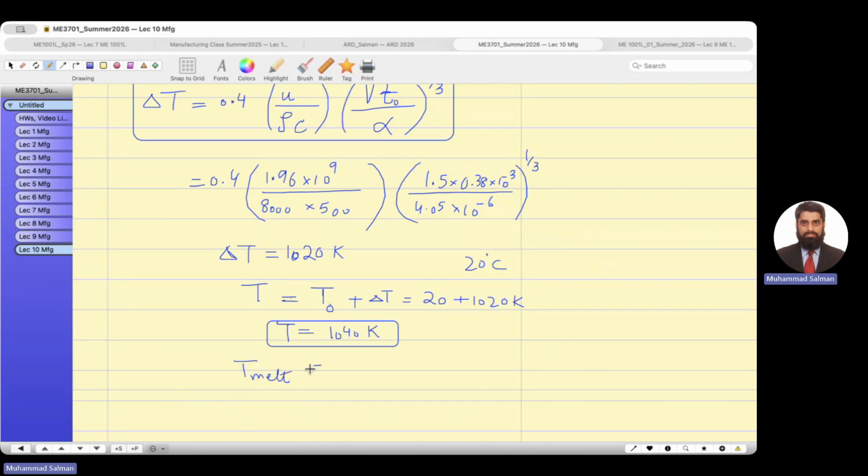The melting point is 1421 Celsius, which is equal to 1694 Kelvin. It's about 80% of the melting point, very hot.